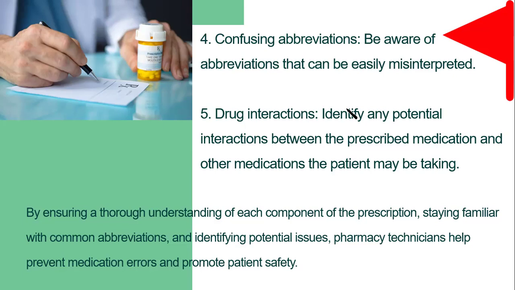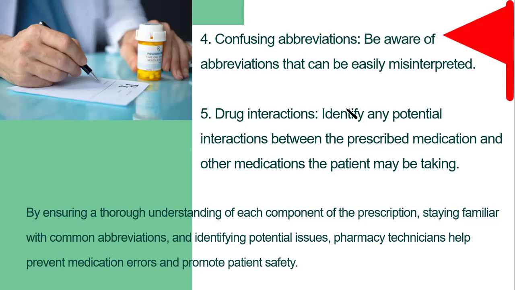So that's important. Then drug interactions. Identify any potential interactions between the prescribed medication and other medications the patient may be taking, because sometimes you can be given a medication and, in the course of giving it, it is discovered that you are taking another medication that will have adverse effects, or that will interact to reduce the potency of the other medication they want to give you. So these are things that we really need to know before.